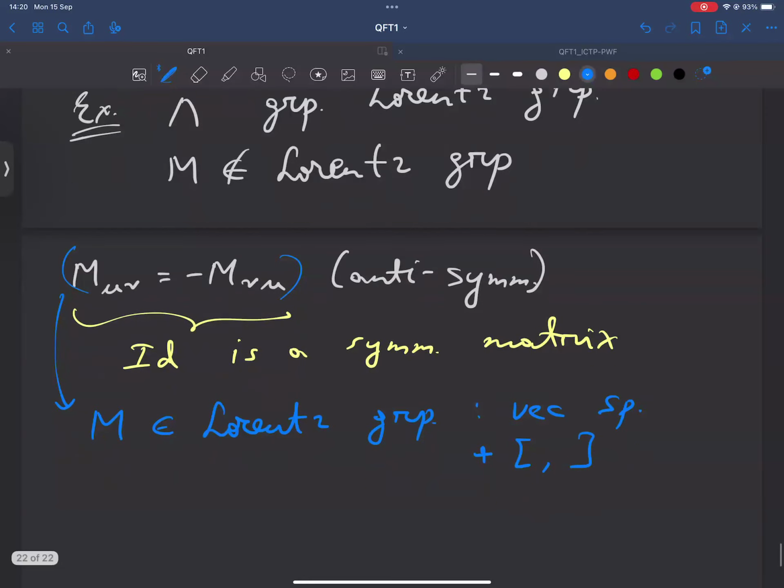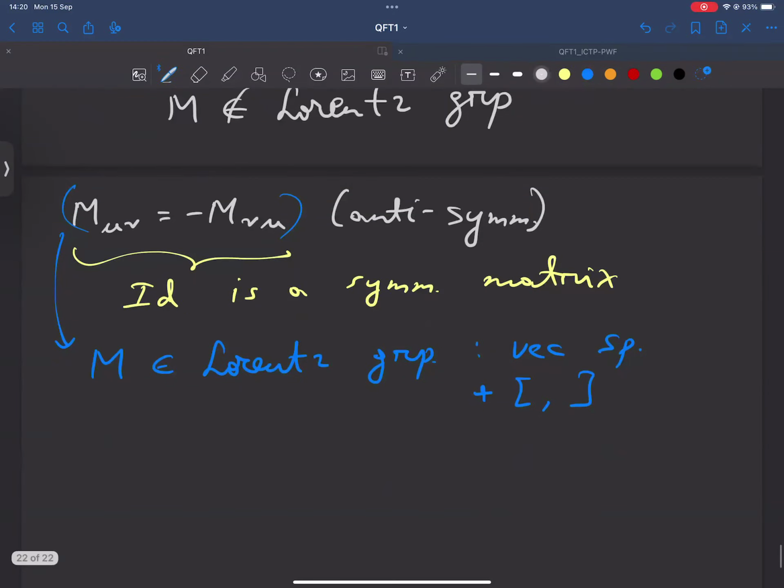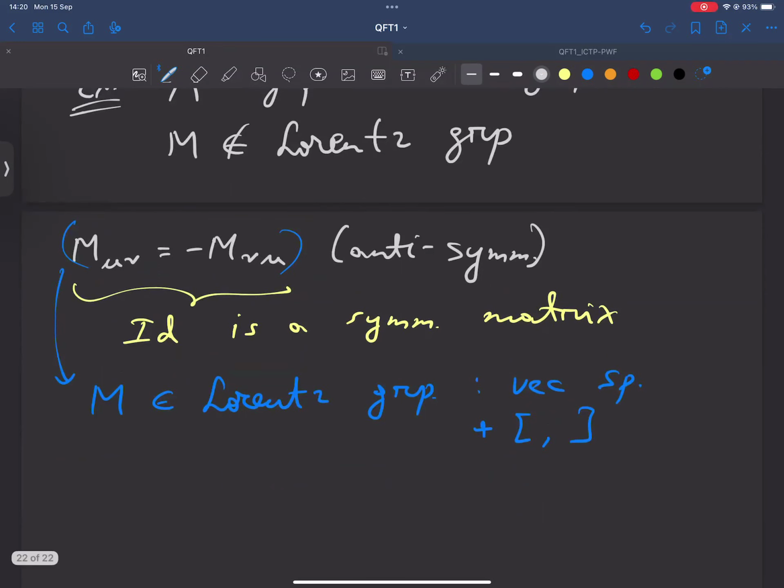So that's another important thing that I just wanted to mention: these M's themselves are not a part of the Lorentz group because they're antisymmetric, and we know that identity is a symmetric matrix, so they can't form a group. But they live in the Lie algebra of the Lorentz group. Okay, I hope that's clear. So with that, we can begin.